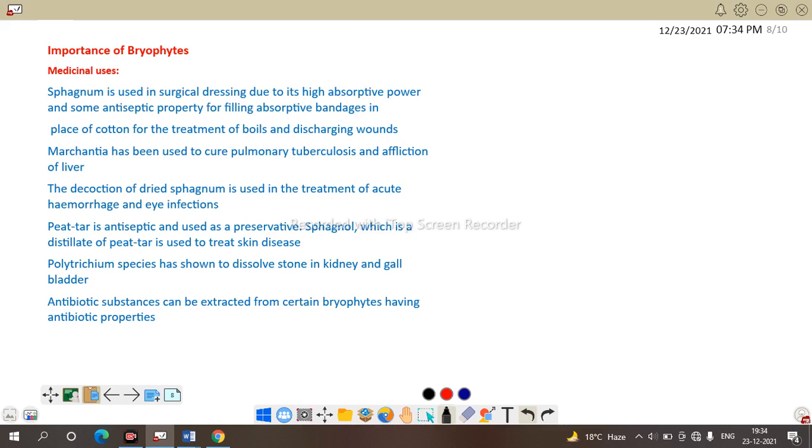Peat is antiseptic and used as a preservative. Sphagnol, which is a distillate of peat, is used to treat skin disease. Polytrichum species have been shown to dissolve stones in the kidney and gallbladder. This is the medicinal use of different species of bryophytes.